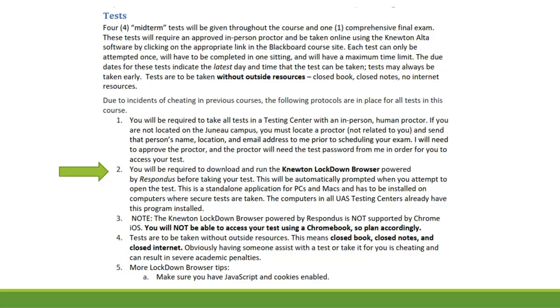You only need to install the program once, and the computers in all UAS testing centers already have this program installed. Note that the Newton Lockdown browser powered by Respondus is not supported by the Chrome operating system. You will not be able to access your test using a Chromebook, so plan accordingly.